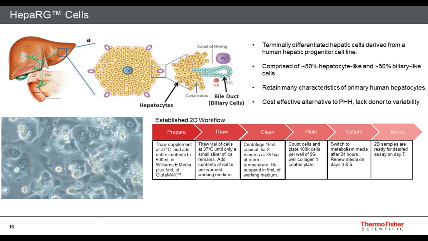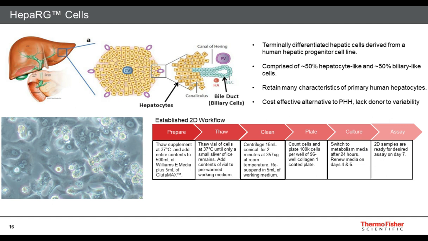In the bottom left, this is just a 10x photo of a 2D HepaRG monolayer. You can see two distinct cell morphologies in there, one of them being the binucleated cell that is characteristic of primary hepatocytes.